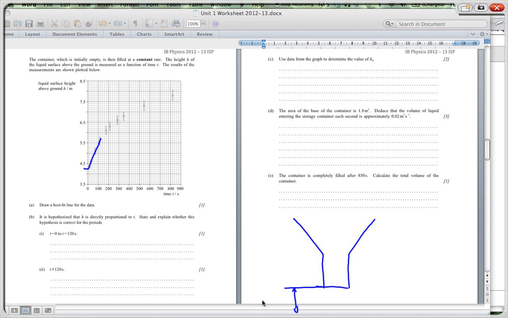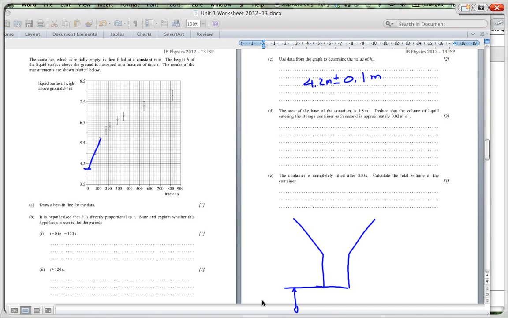So it's somewhere over there. The value that you should get would be about 4.2 plus minus 0.1 meters. So when you do it on your graph, you should get about 4.2 plus minus 0.1 meters. Should be your value there.